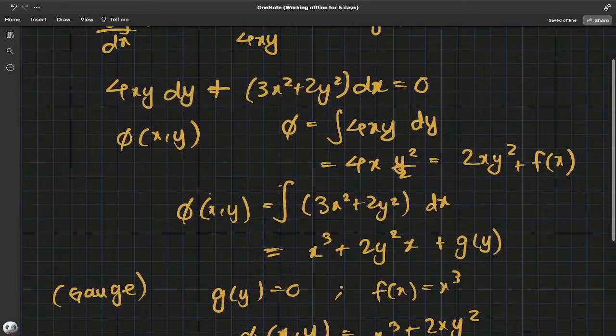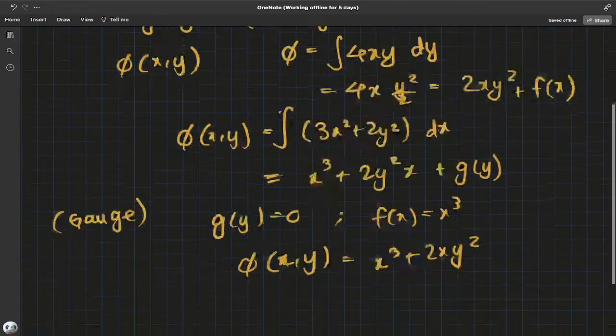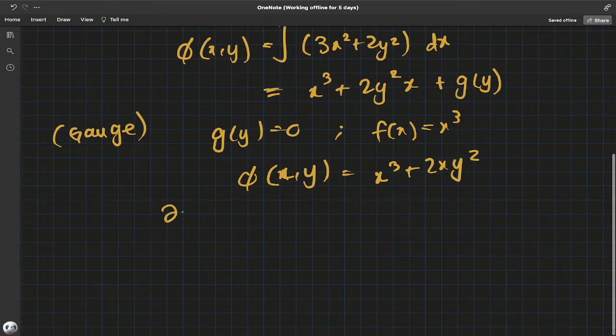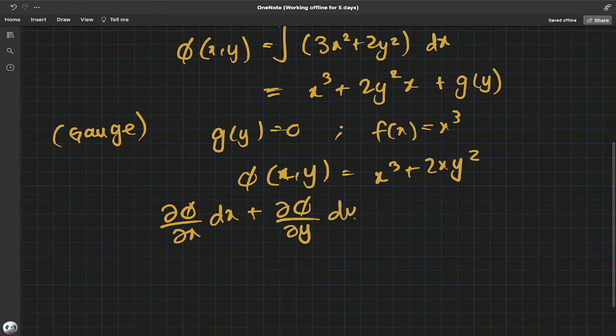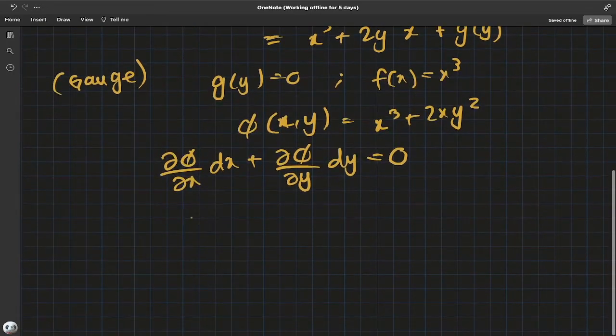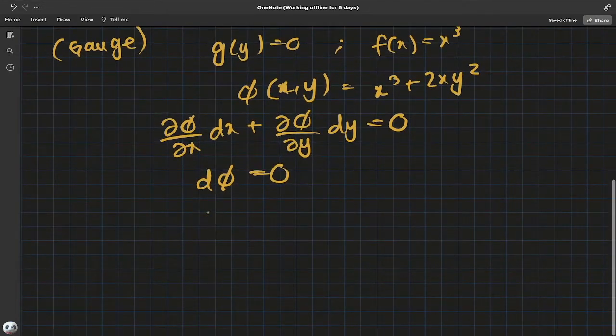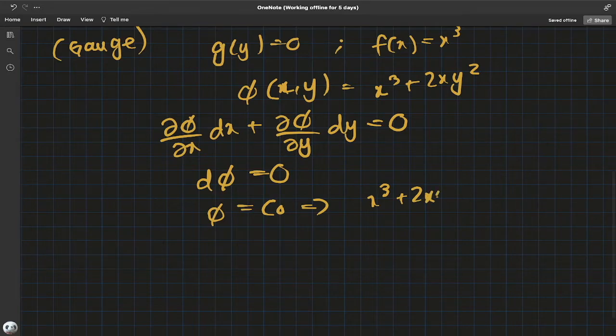To convert it into an exact differential form, because now we can write the entire equation like this, and then by the chain rule I have this, which means phi is some constant, which means phi, which was x cubed plus 2x y squared, is some constant, and we can solve for the constant.